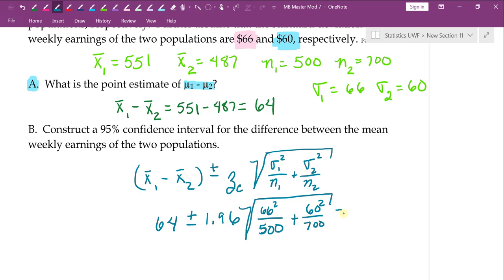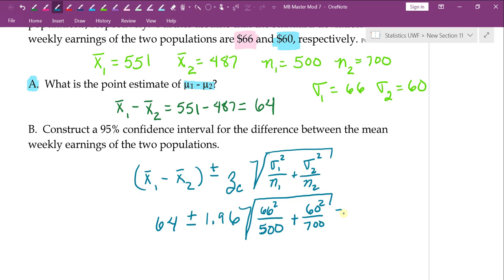So it's going to be 64 minus 1.96 times the square root, put parentheses, 66 squared divided by 500, close parentheses, plus parentheses, 60 squared divided by 700, parentheses, and push equal.